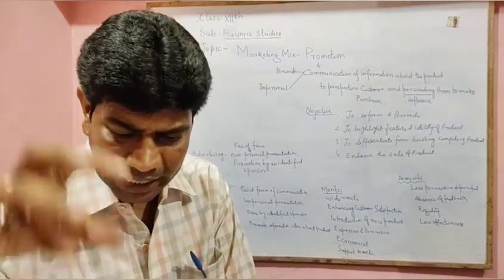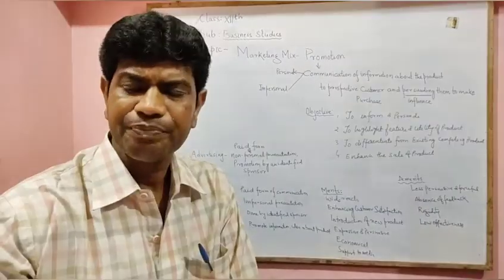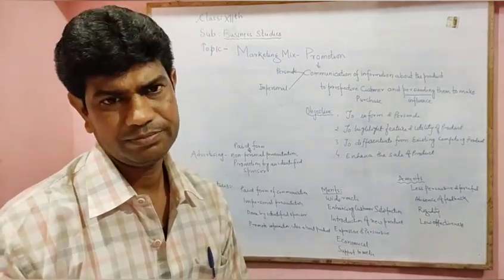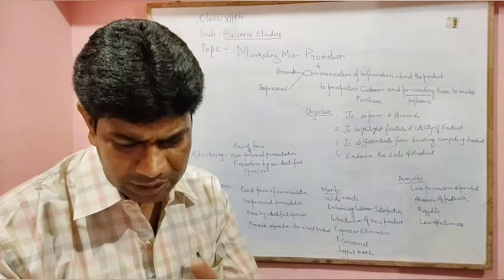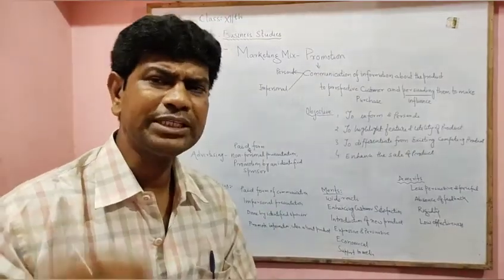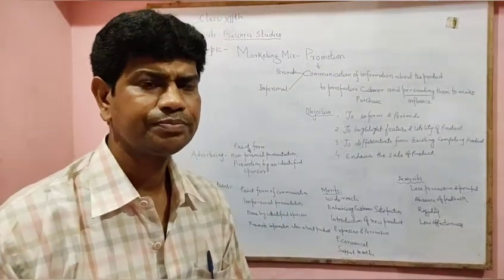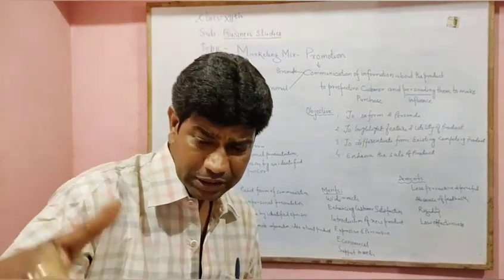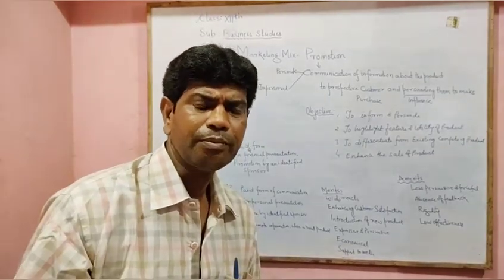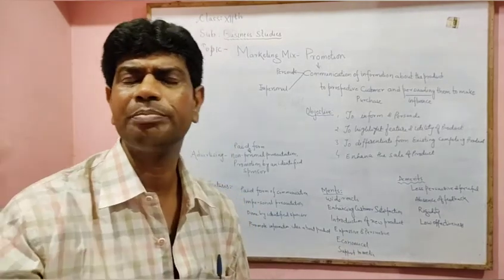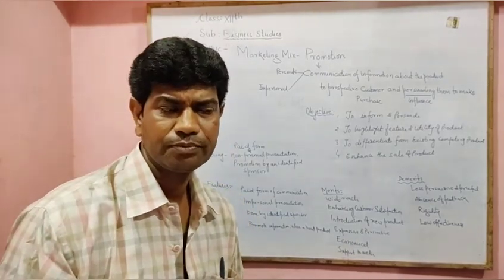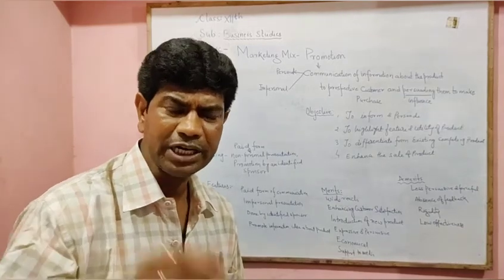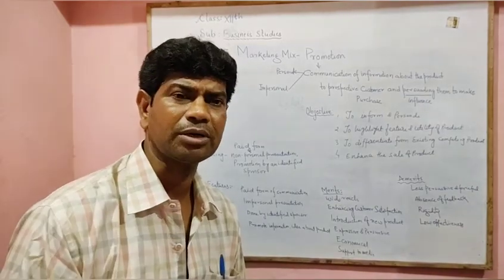The impact of an advertisement between the customer and the marketer is very less. The marketer assumes that the message is communicated, but actually the audience or the customer may or may not pay attention. Since it is non-personal, it depends upon the discretion of the customer what to receive.